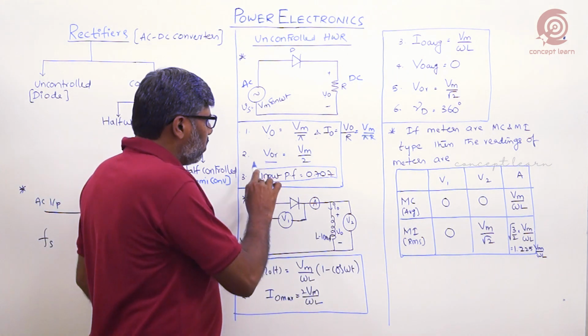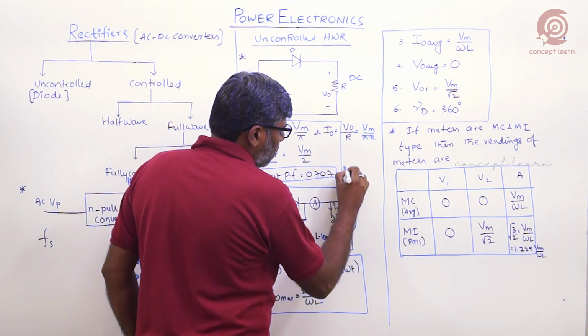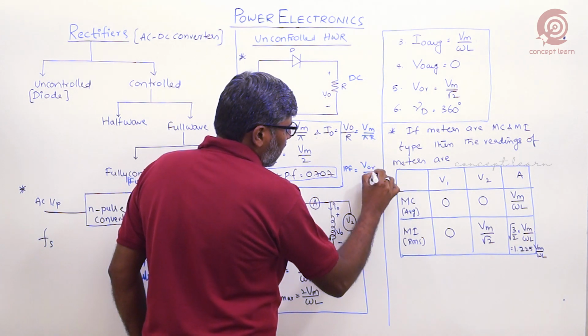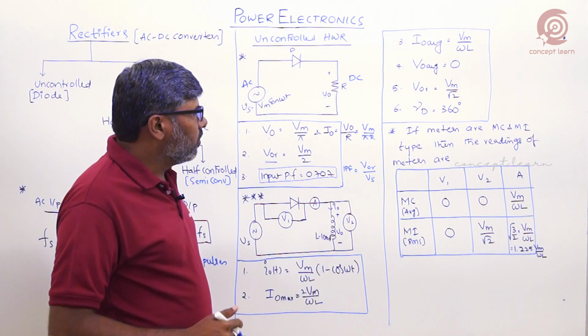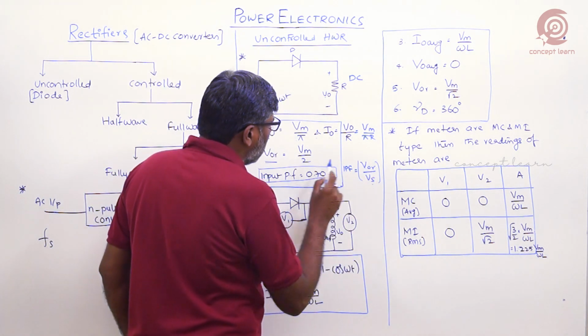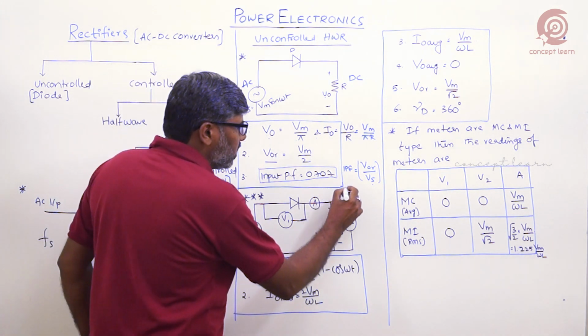Sorry, so input power factor basically what? Input power factor is power delivered to load by source power supplied. So V0 RMS by Vs. This is the supply RMS, this is the load RMS. By using this formula we calculate this input power factor. So what is the V0 RMS?